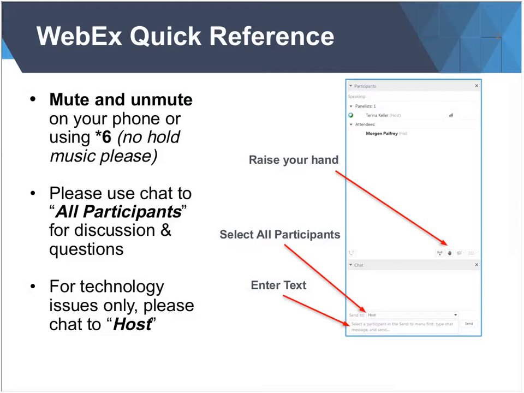If you want to use the WebEx chat box on the right-hand side, please mark send to all participants if you're responding to discussion and questions so that everybody can see what's being typed in. If you have any technical issues throughout the session, put send to host, and Lisa's on the line, and she can help you out and resolve any technical issues that you're having.